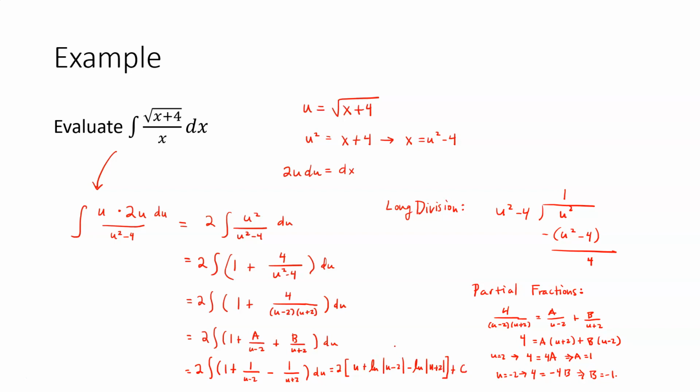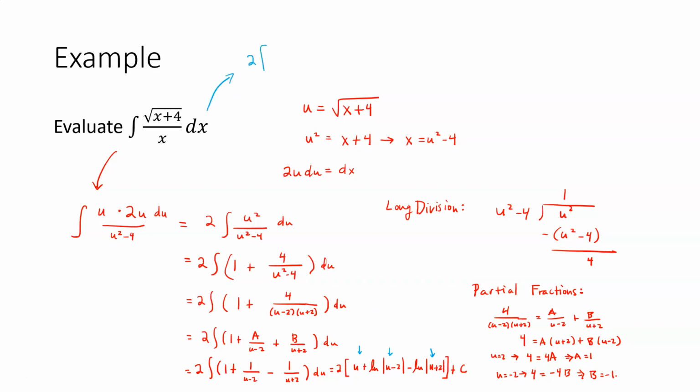Okay, and then one final thing, we could put the u back in. So let me see if I can squeeze that in up here. So we'll put the u back in here and here and here. So then my final answer will be, let's see, square root of x plus 4. So here I'm going to write the final answer up here.